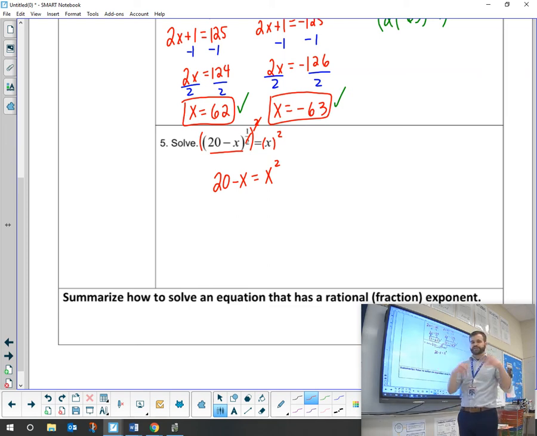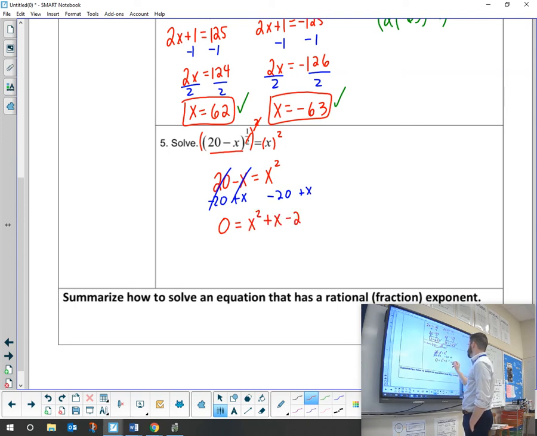Sometimes quadratics just pop out, and we have to remember how to factor to solve for these quadratics. Okay? So remember, you can factor, you can use the quadratic formula, but let's factor. So I've created one that's probably going to give me 2 answers. So first, let's bring everything over to this side. Let's get 0 on one side equals x squared plus x minus 20.